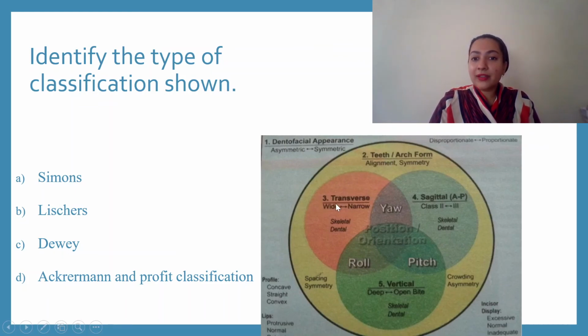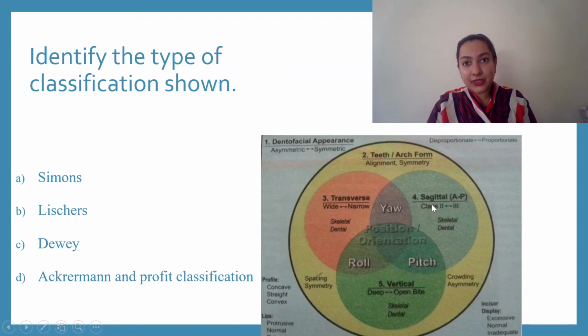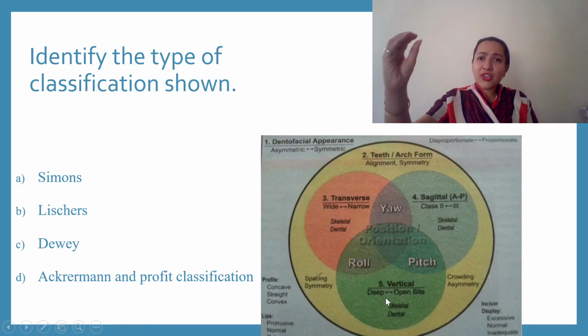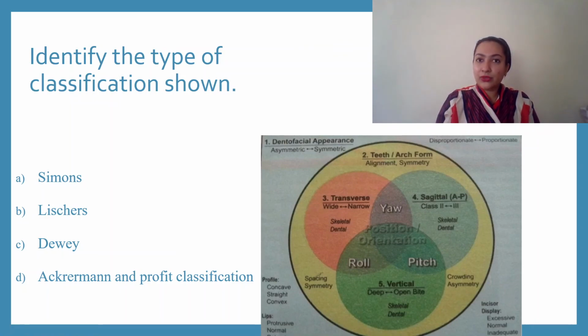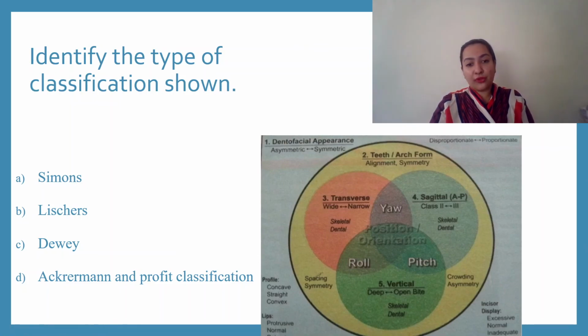From that, whether in the transverse direction there is a problem, or there is a problem in the sagittal direction or vertical direction. So from a large entity, they are coming to smaller entities to know where the problem lies. So this is what this diagram represents, and this was given by Ackermann and Proffit, right? So this is the classification given by Ackermann and Proffit.